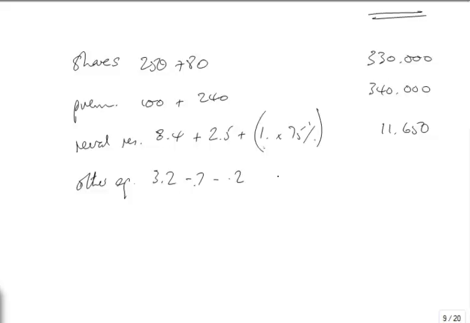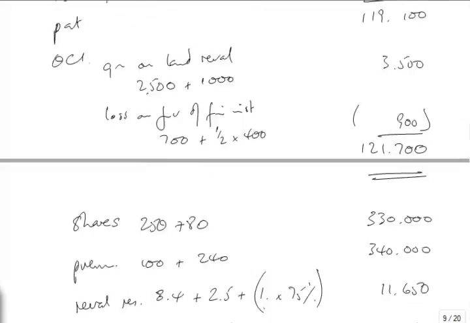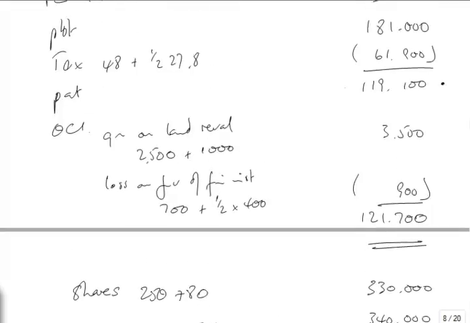It's 200, but our share of that 200 is 75%. So that's 150, 850. 850 coming off that is 2,350, isn't it? I think it's 2,350. And retained earnings and NCI, I would sensibly have done that. The profit for the year is 119.1.